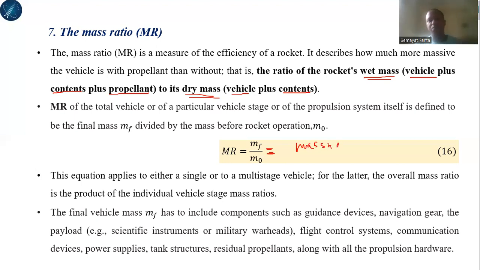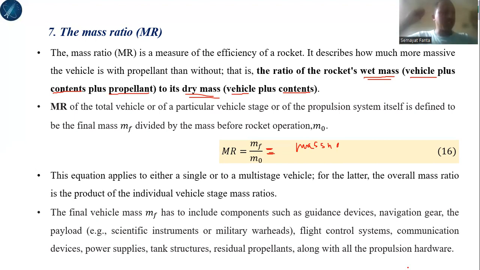It means once all the propellants are consumed, and this is mass with propellant. So this equation applies to either single-stage or multi-stage vehicles. We will talk about staging later, so no problem. The overall mass ratio is the product of individual vehicle stage mass ratios. There is a booster stage at the very beginning, that is the heavy stage, and then there is the sustainer stage.